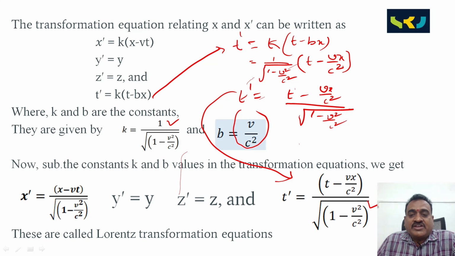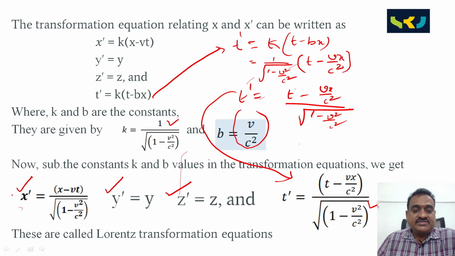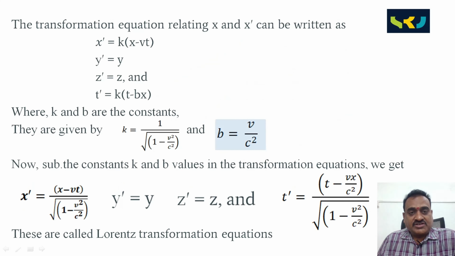So, in the Lorentz transformation equations, x dash, y dash, z dash are the space transformation equations, and t dash is the time transformation equation.